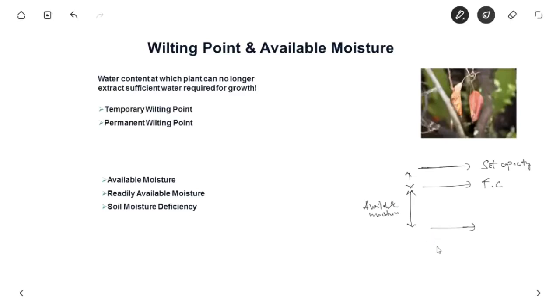And then we have the hygroscopic water, which is unavailable water.